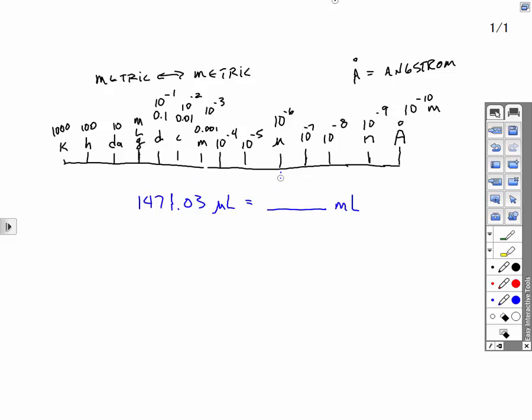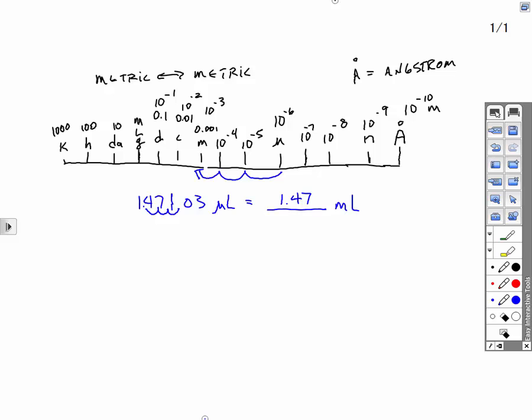So I'm going to count the number of places, and I'm also going to recognize which direction I'm moving that decimal. So I'm going to take this, and I'm moving it 1, 2, 3 places, and I just moved it from right to left. So now I'm working with 1.47 milliliters.